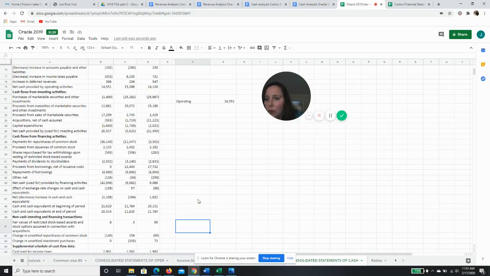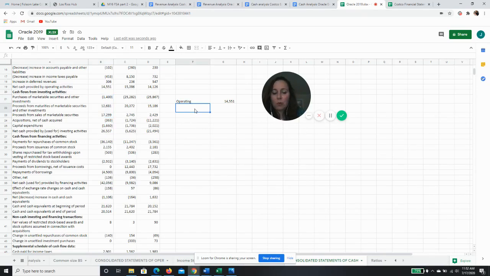Now I'm going to look in my investing activities. The first thing I have is marketable securities, and I actually have three different totals for marketable securities. Some are proceeds, some are proceeds from maturities, some are purchases. And this makes sense, right? Because with marketable securities, we're always buying and selling them as we have excess cash or as we need cash. So I'm going to net those together. If I highlight these three numbers, it tells me the sum down here, which is an increase of 28,580.